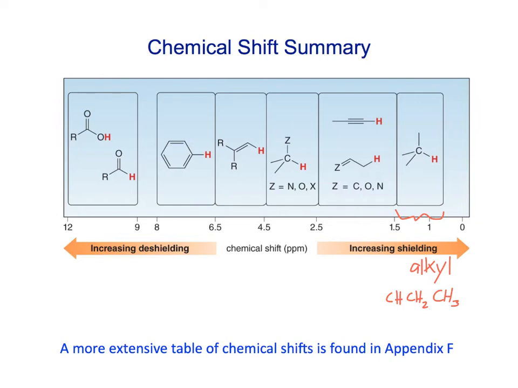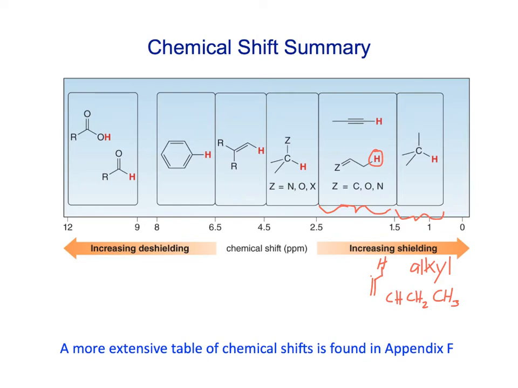The next groups up are mostly going to be protons on carbons next to a pi bond, like this one here. The common ones here are either protons that are on carbons next to carbon-carbon double bonds, so these are called allylic protons.